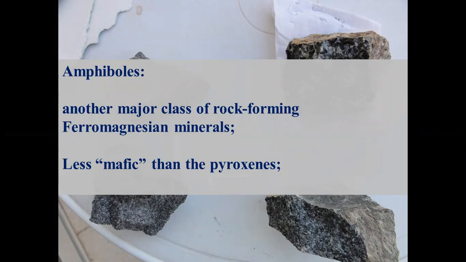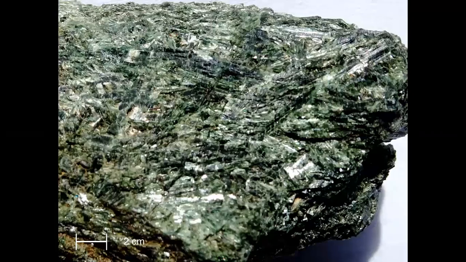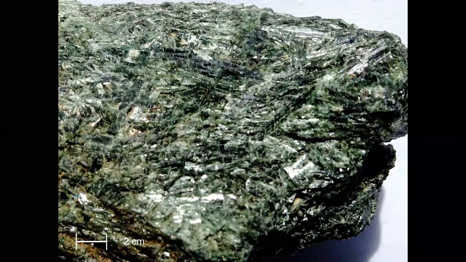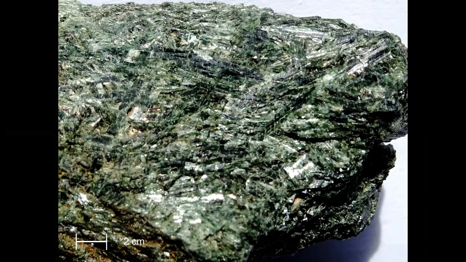So let's start to look at our amphiboles. There's our scale bar, that's our 2 centimeter scale bar. The thing to look at first is comparison with what we've just looked at with the pyroxenes. You remember the pyroxenes had those squat, stumpy crystals. Well, look at these.